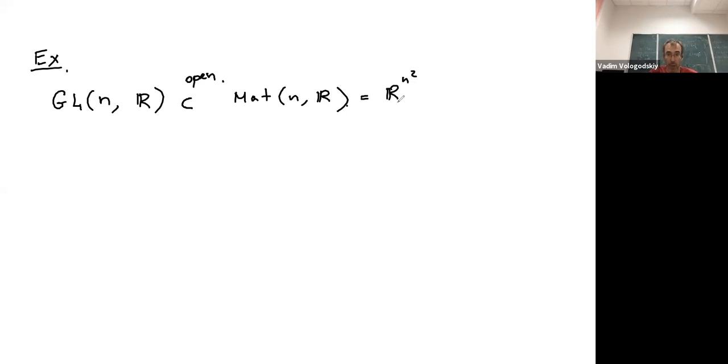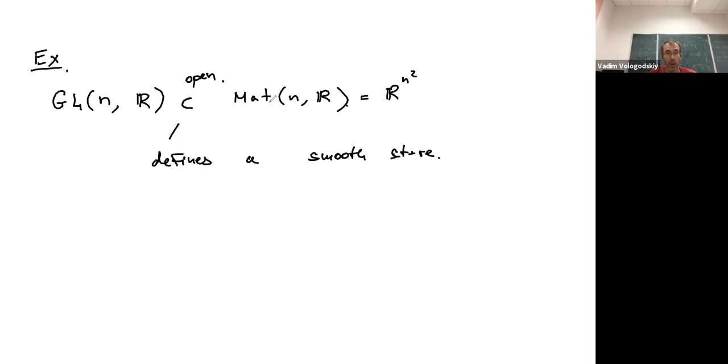A smooth structure on a topological space defines a smooth structure on any open subset, right? You can use the same charts.